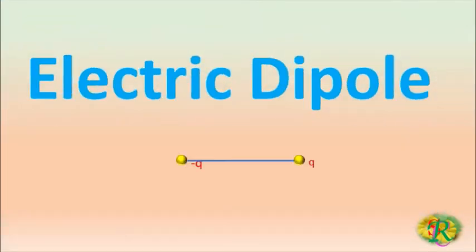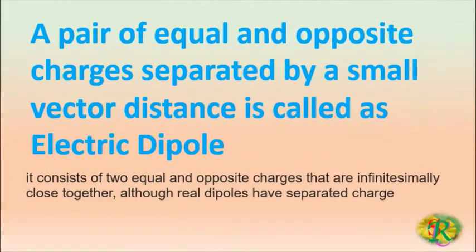We are going to learn about a system of two charges, that is electric dipole. A pair of equal and opposite charges separated by a small vector distance is called an electric dipole.